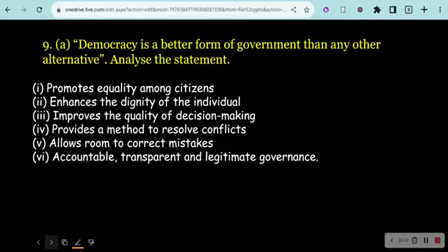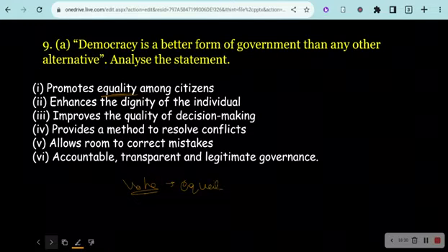So you know, first, it promotes equality. Correct. People have the chance to vote. Every vote has an equal value. So hence, it gives dignity to each and everyone, and it shows equality. It improves the quality of decision making. There are many people in the government who are chosen by the people, and they make the decisions.